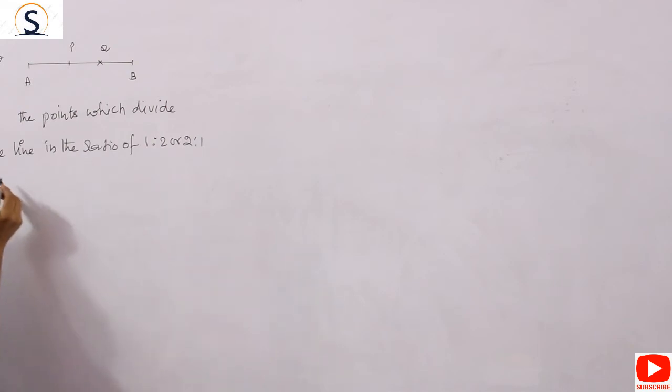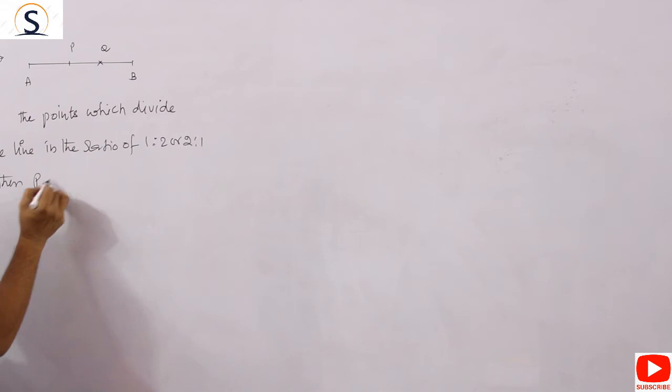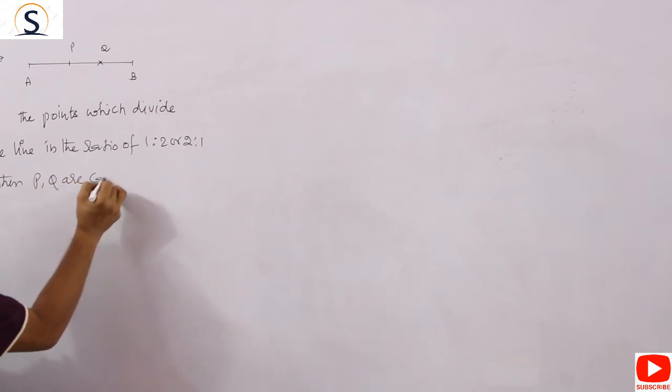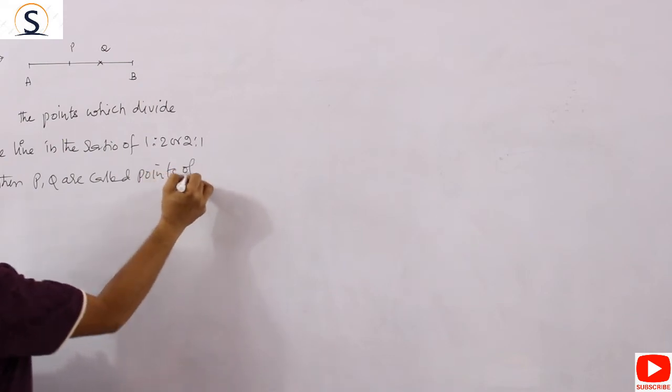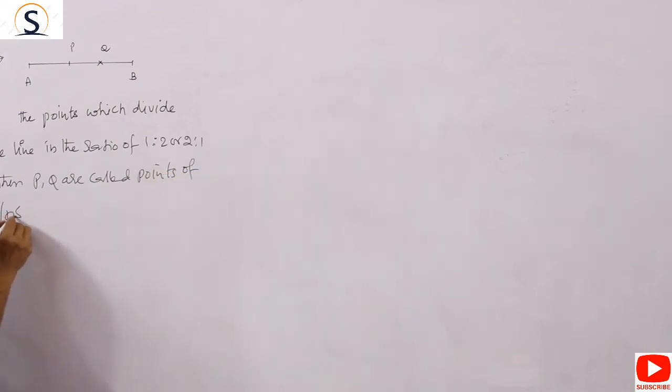So for 2:1 or 1:2, P and Q are called points of trisection.